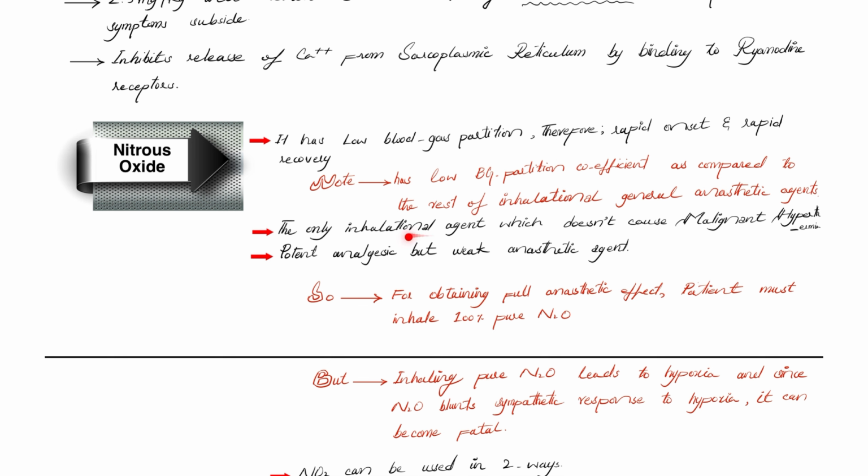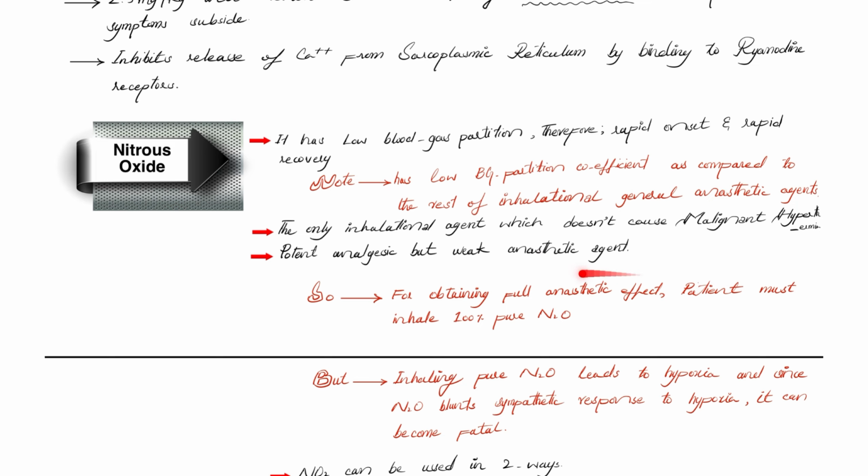It is the only inhalational agent which does not cause malignant hyperthermia. We discussed this, that it is not a triggering agent for malignant hyperthermia. It is a potent analgesic but a weak anesthetic agent. So it can be used as an analgesic, but it produces very weak anesthesia.